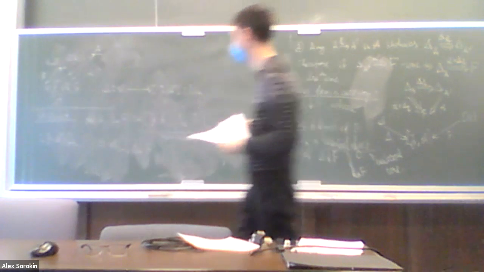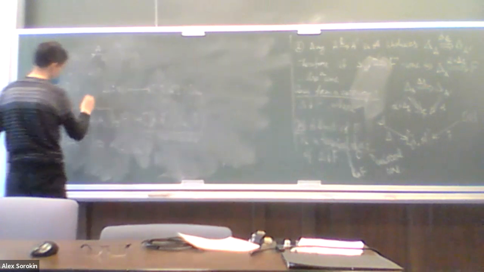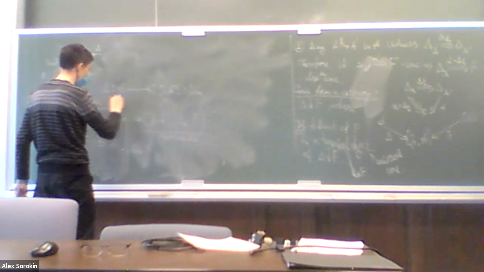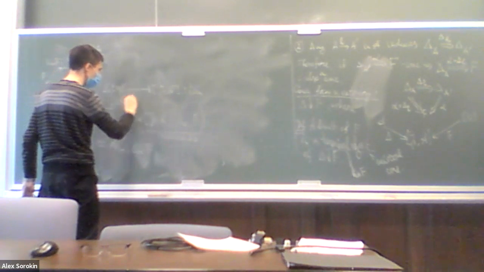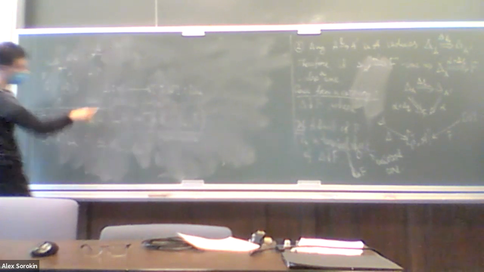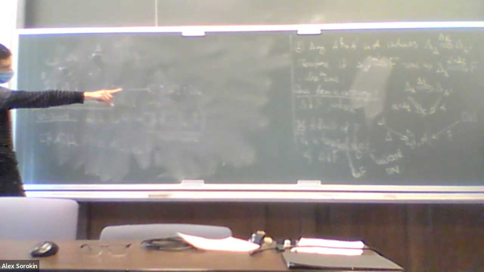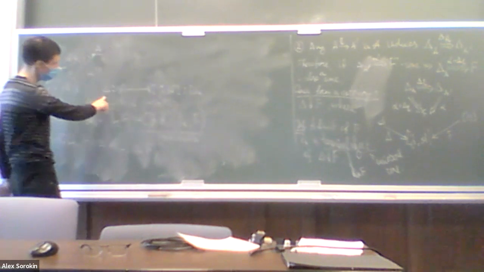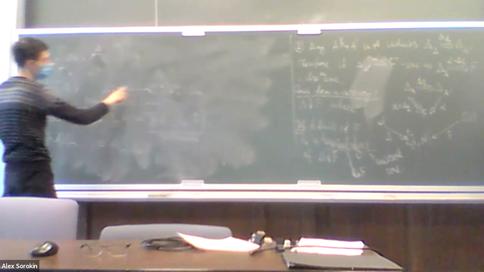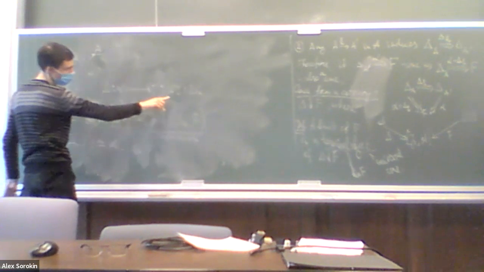Then, what is the counit of this adjunction? The counit, as you remember, goes from LR to identity. So in our case, left is delta, right is lim. So first going lim to C and back.